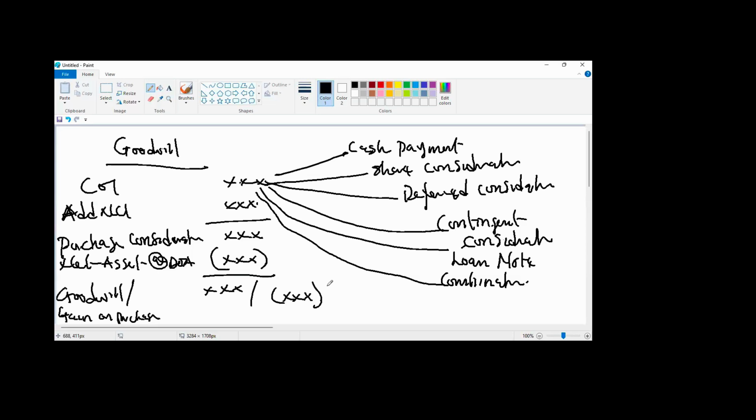Now, let's take one more question. On this, we will now go to cost of investment. How do we calculate a group account question? We now take the proper group account and take it. Okay.